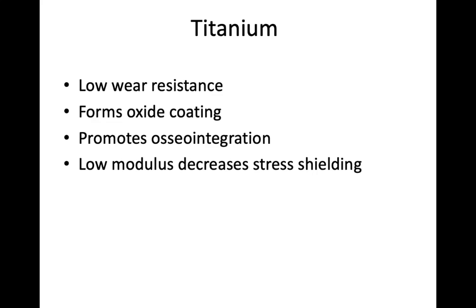The oxide coating helps prevent galvanic corrosion when we mix metals. The osseointegration and the relative less stiffness or low modulus also makes it more ideal for femoral stems because it will ingrow well, and it will also not alter load transmission as much as a stiffer material like cobalt chrome would.